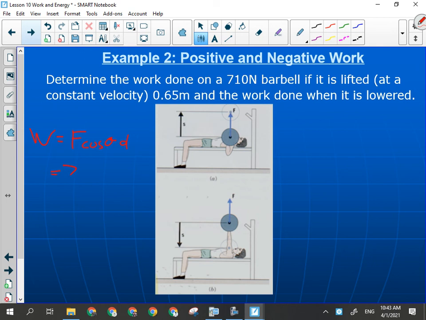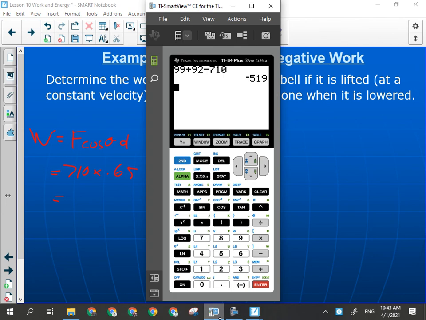I just have to go 710 times 0.65 meters, and I'll have the amount of work done to lift this thing up. So I'm going to do 462 joules worth of work to lift the barbell.